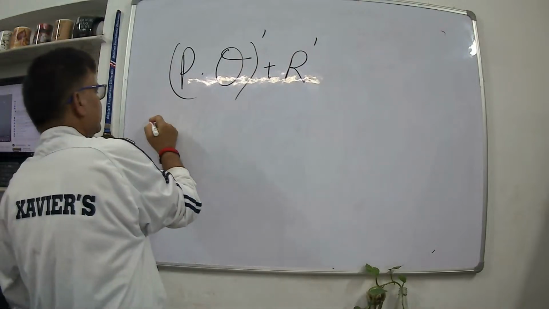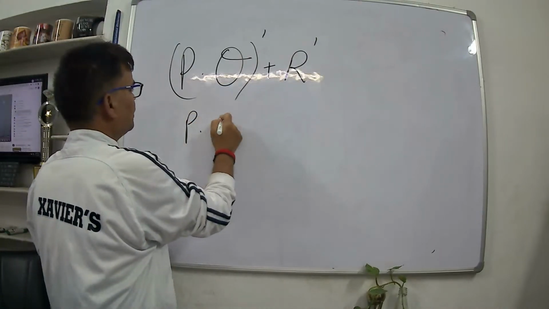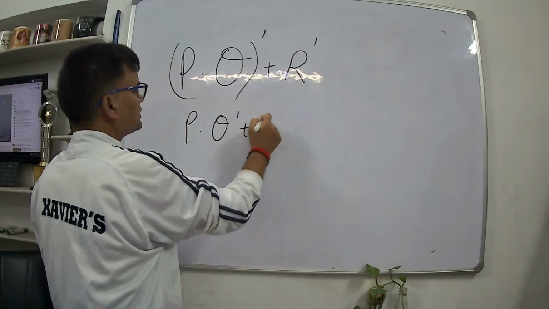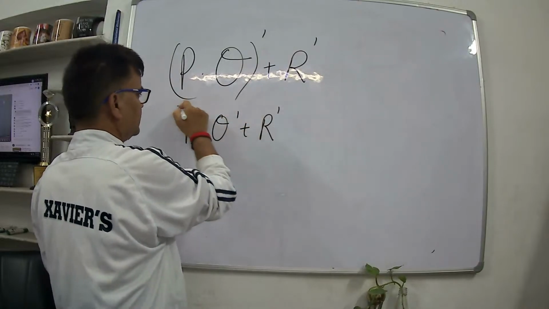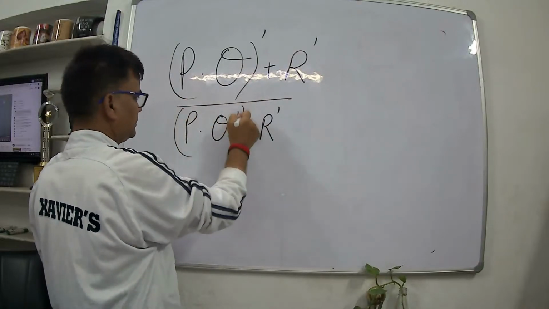Let's see. It is P dot Q bar plus R bar, with a bar over the whole expression, right?